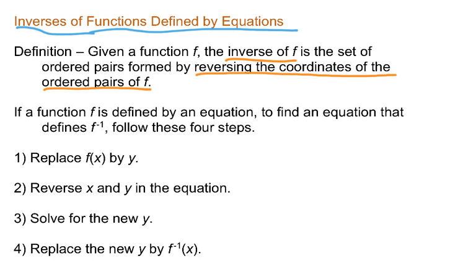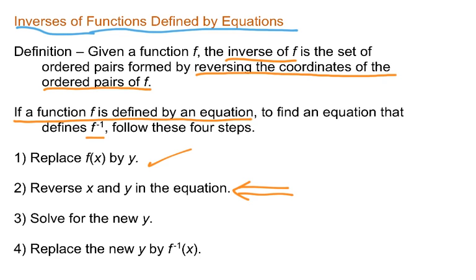So, if a function f is defined by an equation, to find an equation that defines f inverse, follow these 4 steps. First of all, just as a matter of convenience, and we're going to do several examples, replace the f of x by y. F of x means y. And this is the key step right here. I'm going to really highlight this one. Reverse the x and the y. If you want the ordered pairs to reverse, you simply reverse the x and the y in the equation.